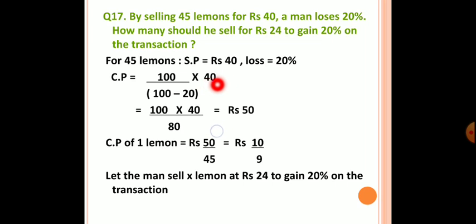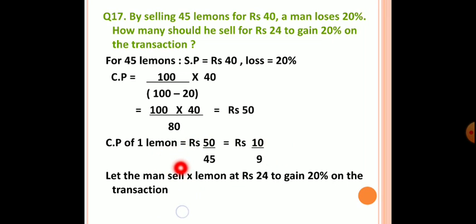That is the selling price. So 100 by 80 into 40 equals rupees 50. This was the cost price of 45 lemons. So the cost price of 1 lemon is rupees 50 by 45, that equals rupees 10 by 9.